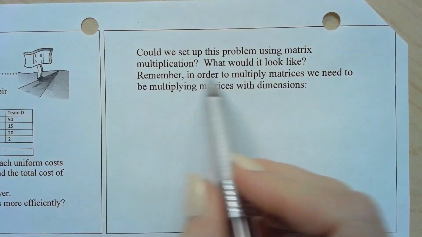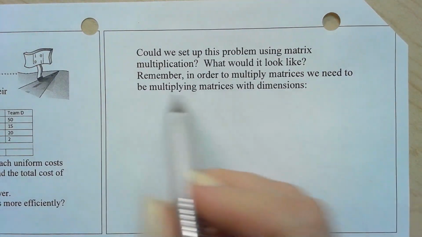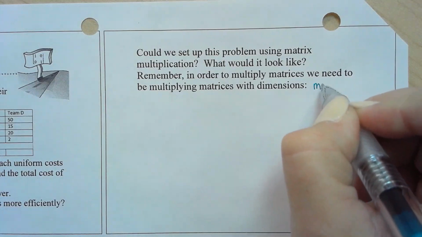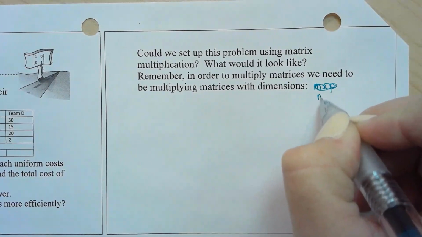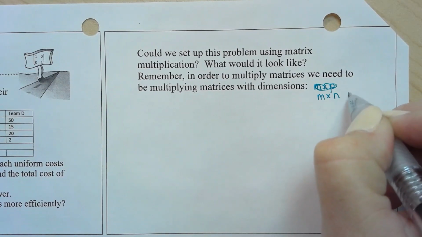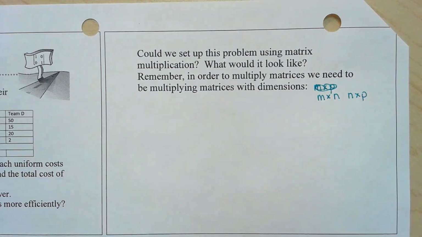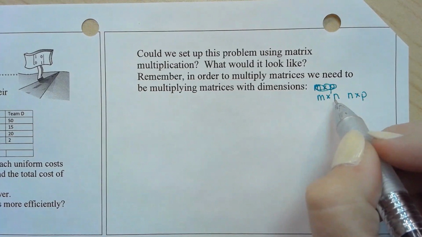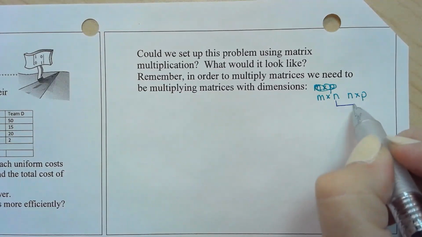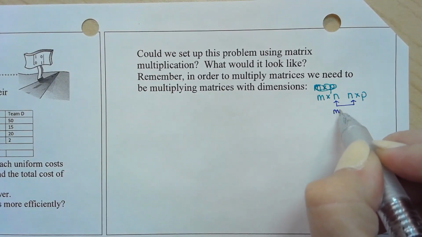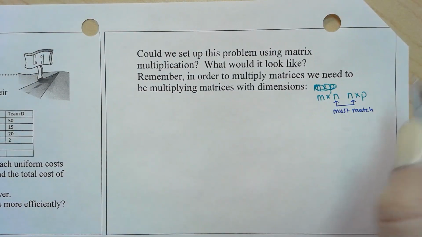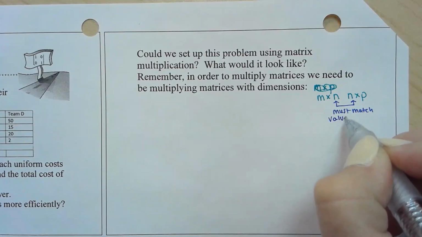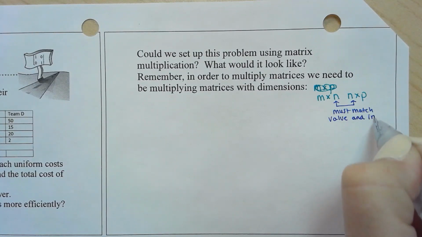Don't forget, when you want to multiply matrices, we need to make sure that their dimensions work for us. We said not only do these numbers must match, but now we're going to start to understand that they must match in value and in meaning.